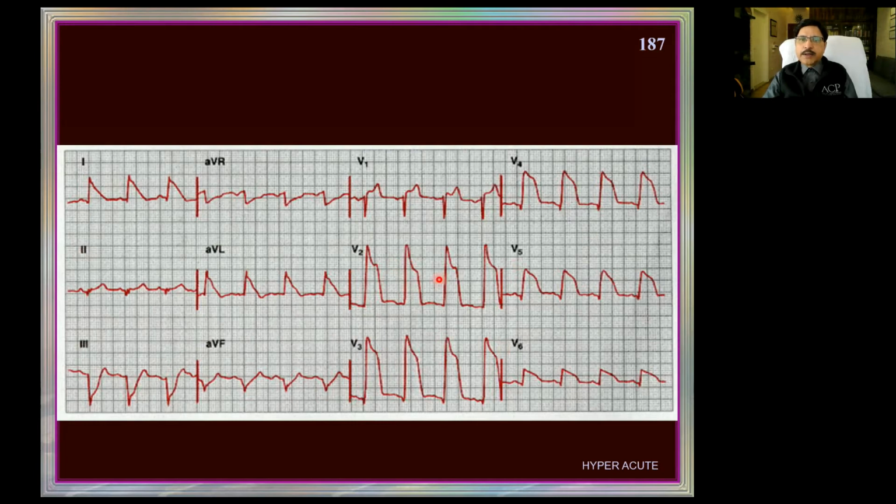And this particular presentation immediately calls for acute thrombolysis, either a chemical thrombolysis or open the vessel in the cath lab. Because time is muscle, if I have a delay, this will progress onto Q wave infarction, and there will be some amount of muscle loss. We don't want that to happen. So hyperacute T waves call for an emergency treatment.